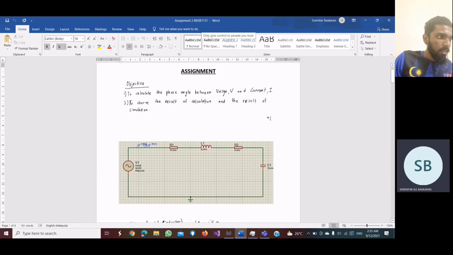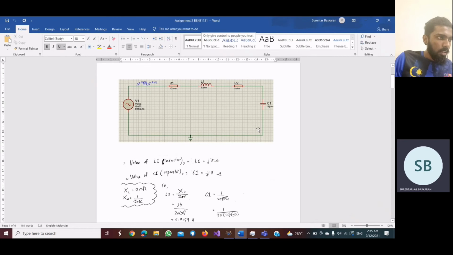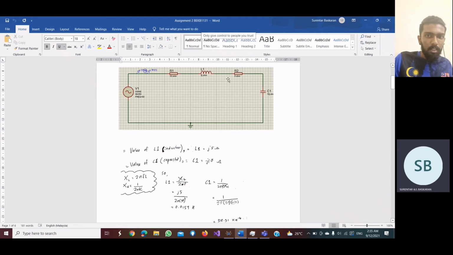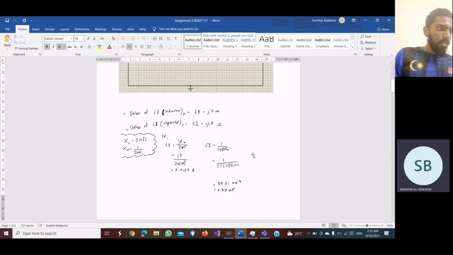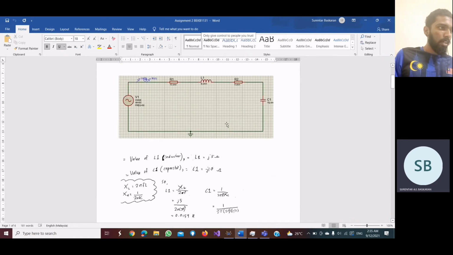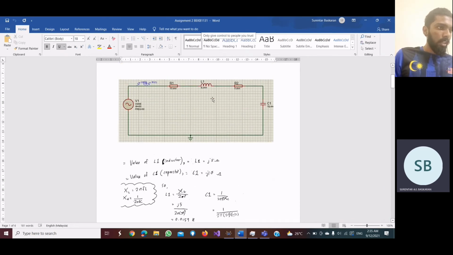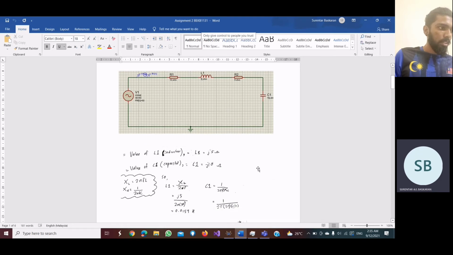This is the objective, and this is the circuit, our question. This is the calculation to find L1, the inductor, and C1, the capacitor.